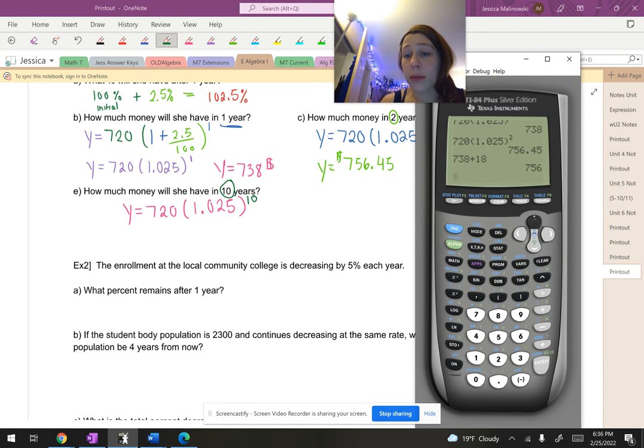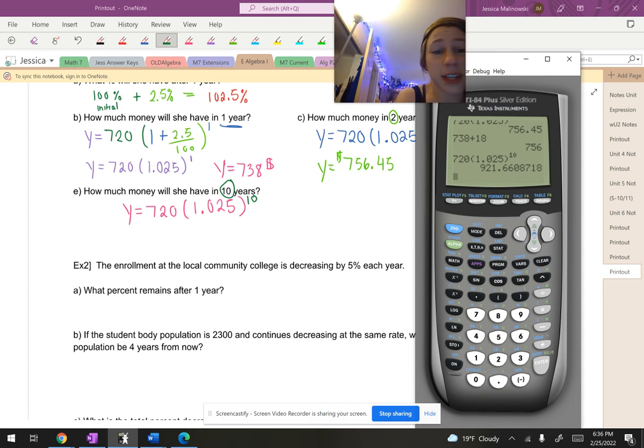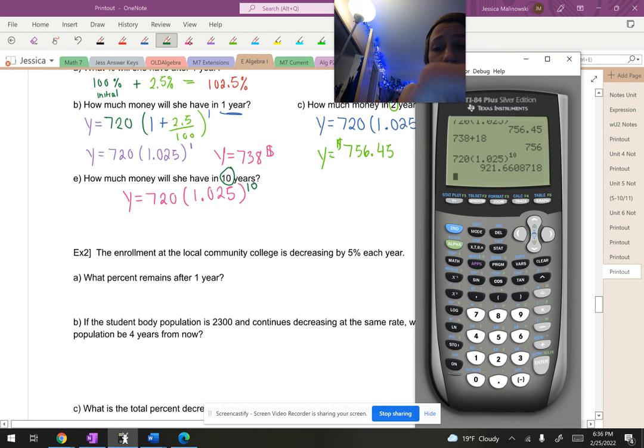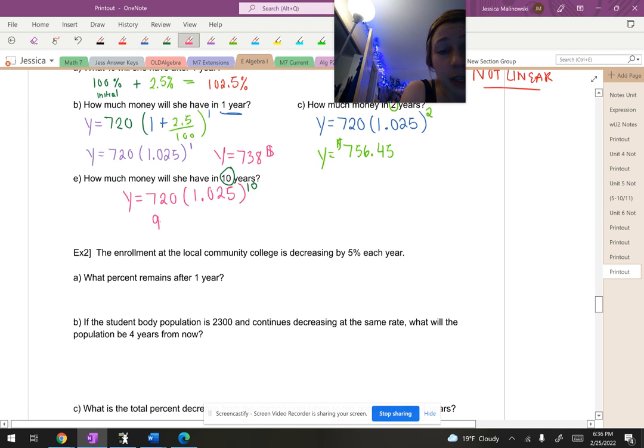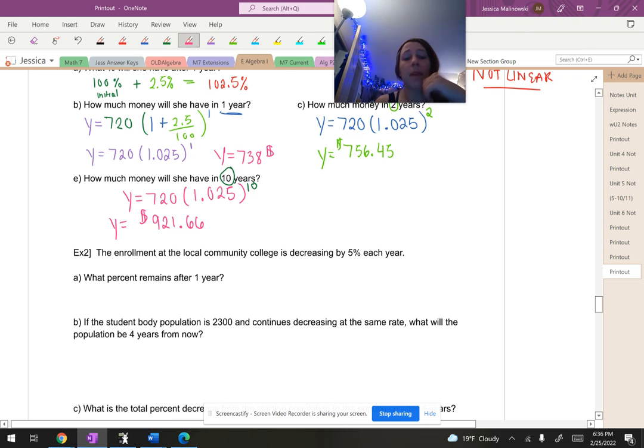Going back to my calculator, scrolling up because I can, changing that to 10, and boom, look at that. A little bit of rounding necessary here: 921.66. So, there we have it.